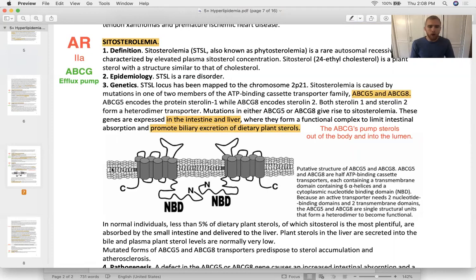So somewhere along the way, our genetic blueprint got coded to pop plant sterols out of the body. And when there's a problem with this, i.e. when you see a lot of plant sterols in the blood, they can become toxic very rapidly.